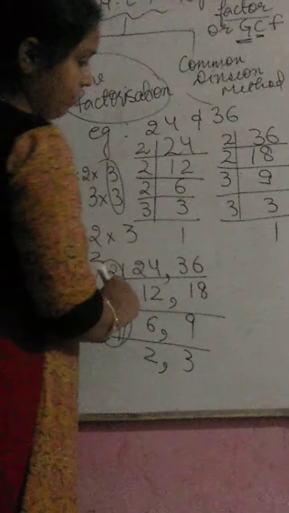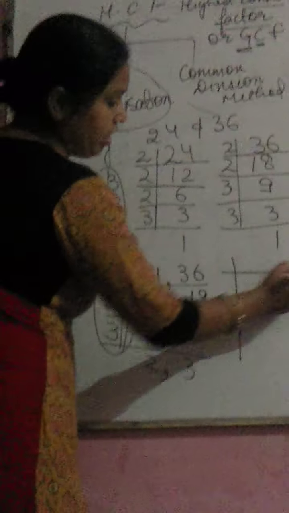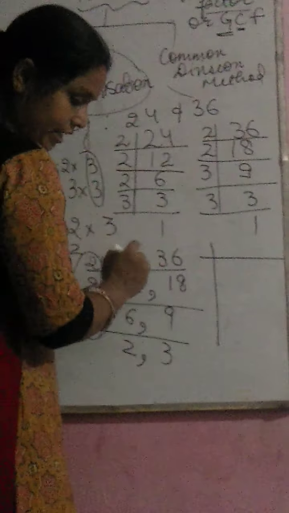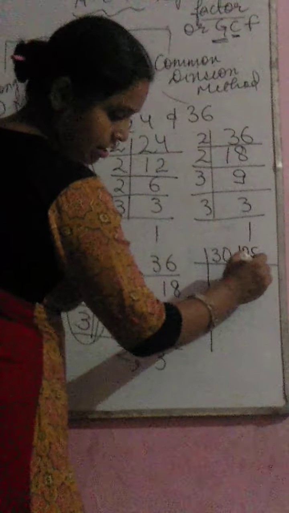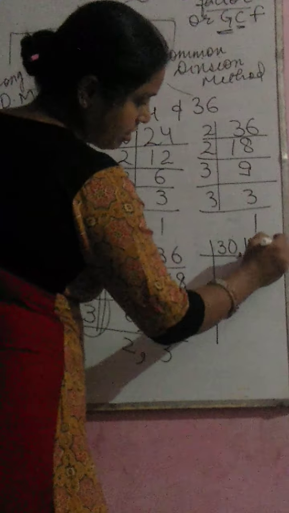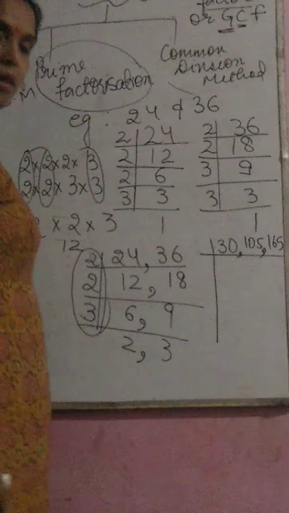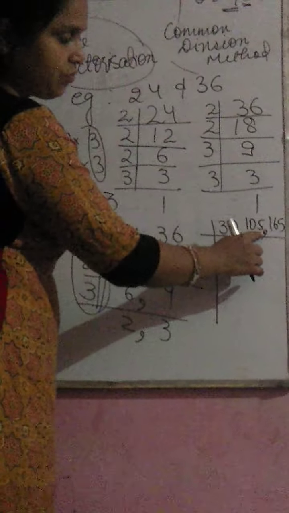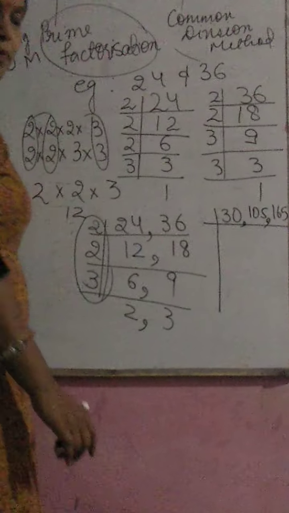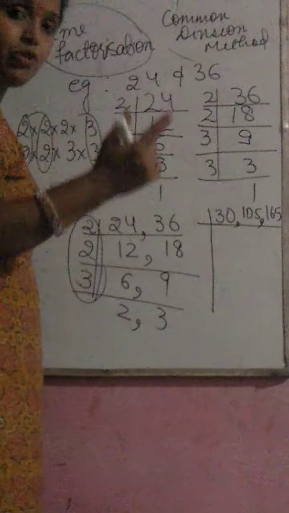Now let me take 3 numbers for finding the HCF. Let us have 30, 105 and 165. Three numbers I am taking, children. Now 30 has 0 in the ones place, and 105 and 165 have 5 in the ones place, so I can use the divisibility rule.